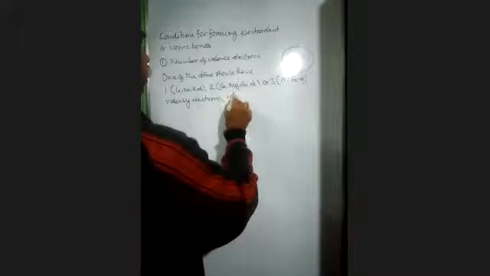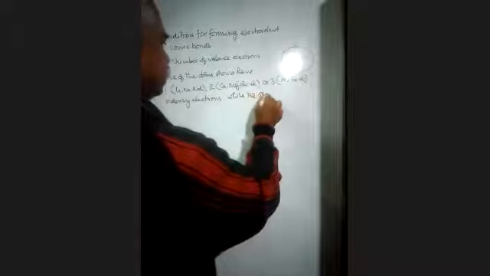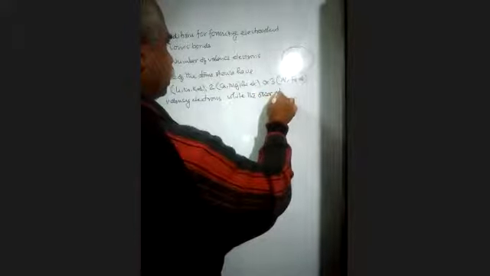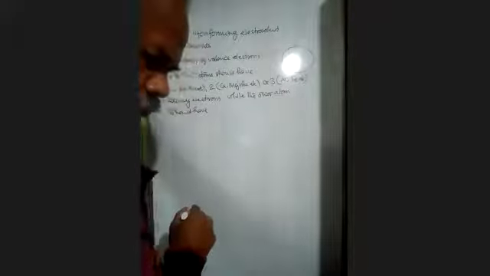While the other atom should have five. Where do you have 5 electrons in the valence shell?